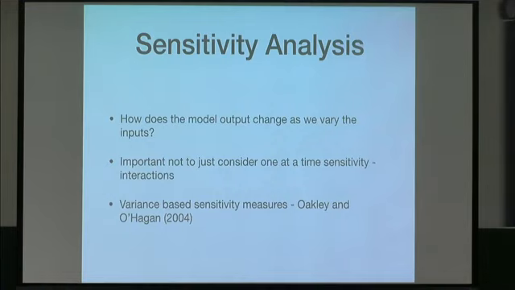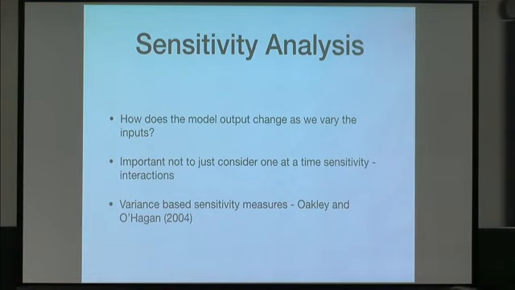One at a time sensitivity analysis can be very misleading because these inputs often work together. We usually do one at a time and two at a time. We rarely get up to three at a time and four at a time because it gets really complicated, but we probably ought to.